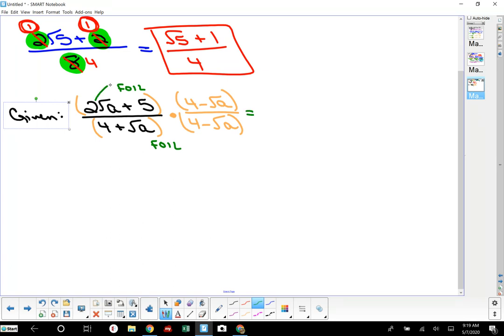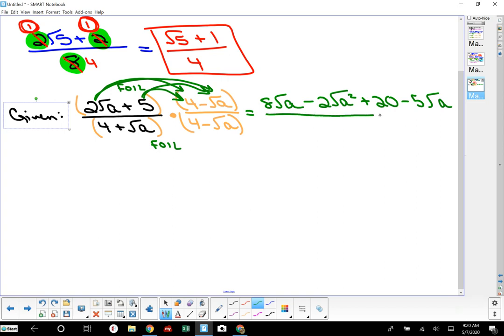I'm going to go 2 rad A times 4. So that's 8 rad A. Remember, you're multiplying what's out front, leaving it out front of the radical. Multiply what's in the radical by what's in the radical, and that goes inside the radical. 2 rad A times a negative rad A is a minus 2 rad A squared. 5 times 4 is plus 20. 5 times negative rad A is a negative 5 rad A. Over bottom, 4 times 4 is 16.